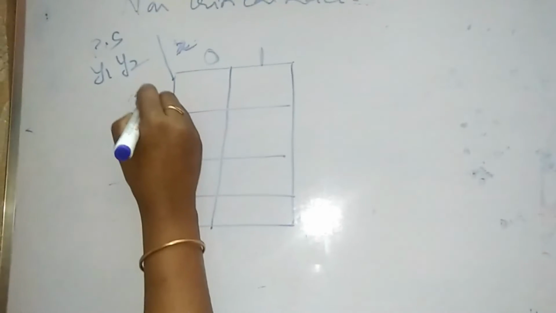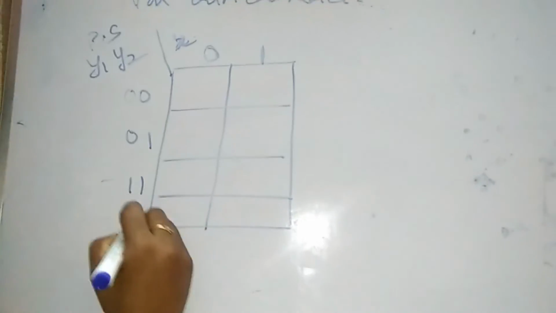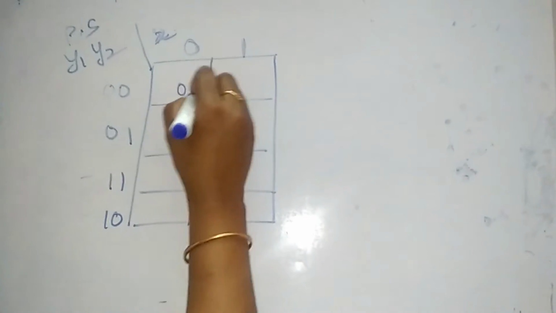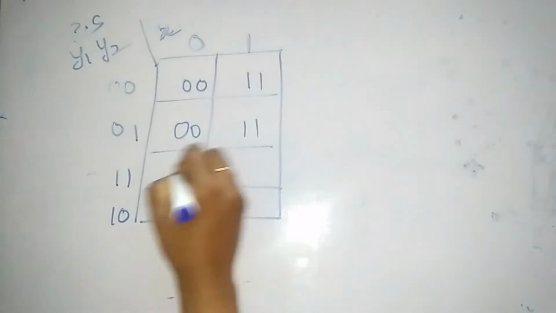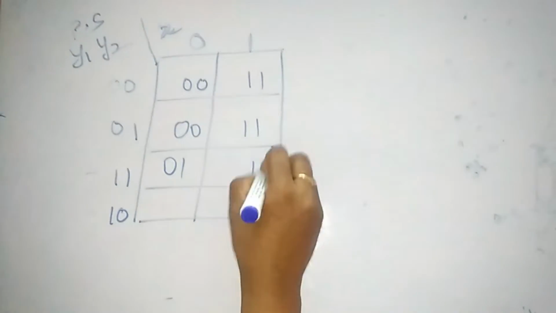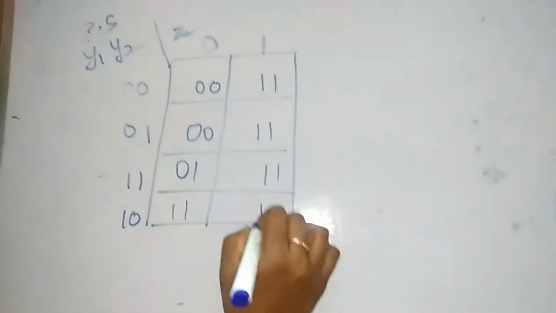So with the present state as two variables, let me write the conditions: 00, 01, 11, 10, and I am writing x as 0, 0, 1, 1, 0, 0, 1, 1 alongside. Something of this sort exists.